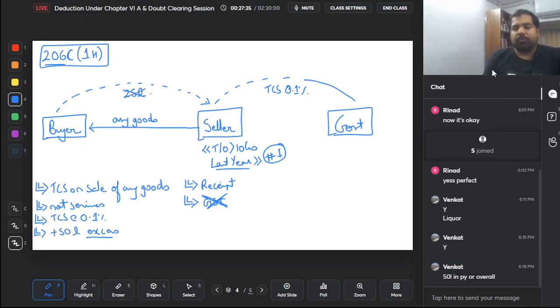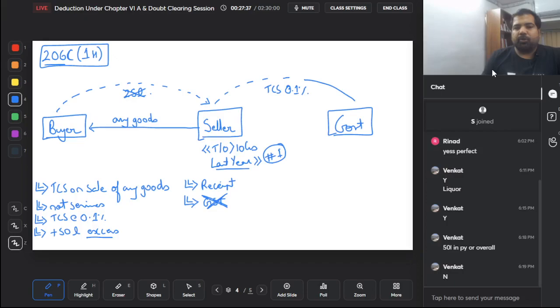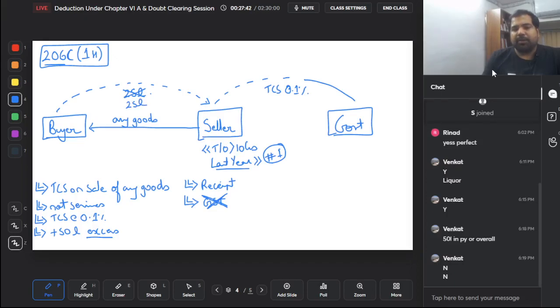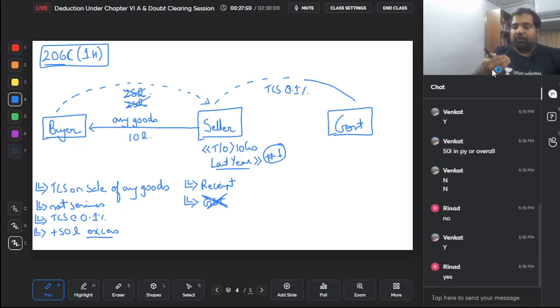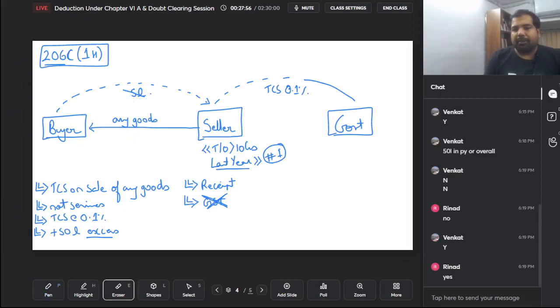No. Then he paid you another 25 lakhs. On that 25 lakhs, will there be any TCS? No. Then he paid you 10 lakhs more, guys. On this 10 lakhs, will there be any TCS? Yes. Whenever you receive it, on 0.1% of this 10 lakhs, you'll have to pay to the government. Collect and then pay to the government.